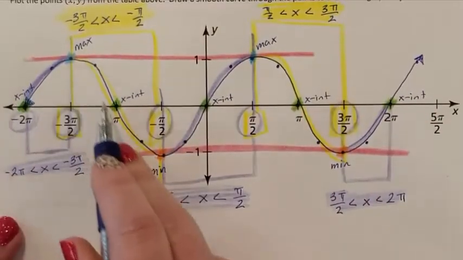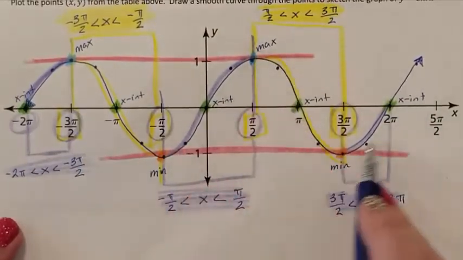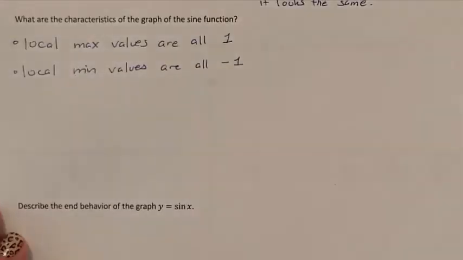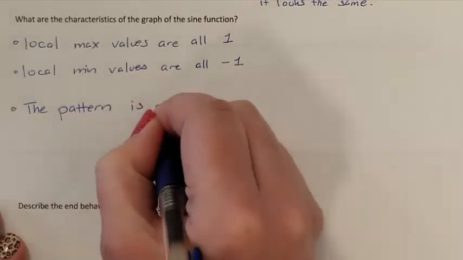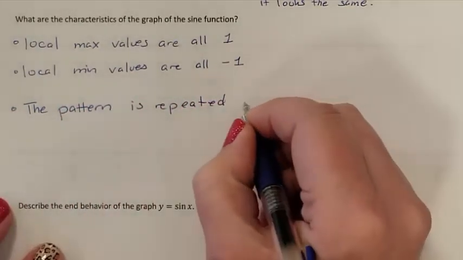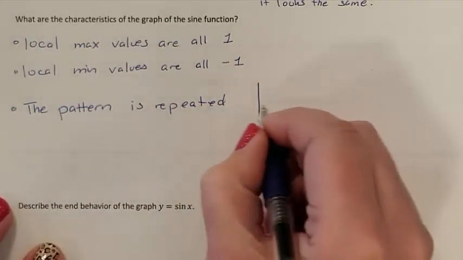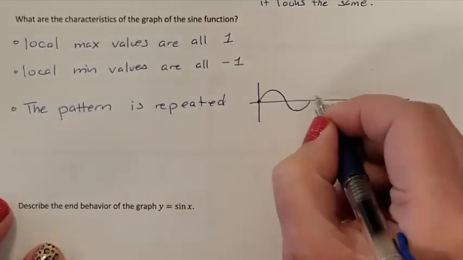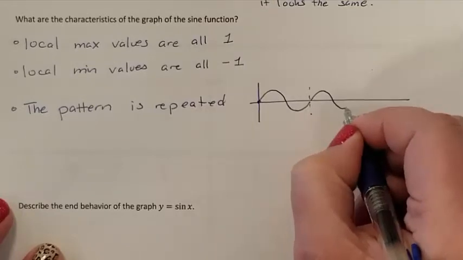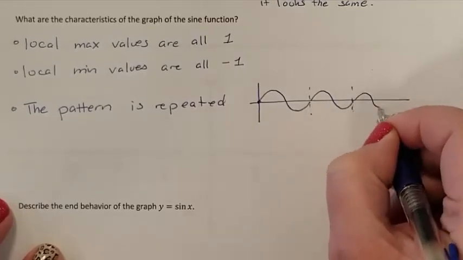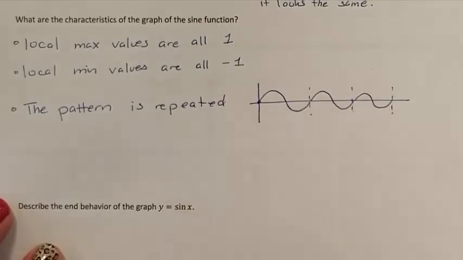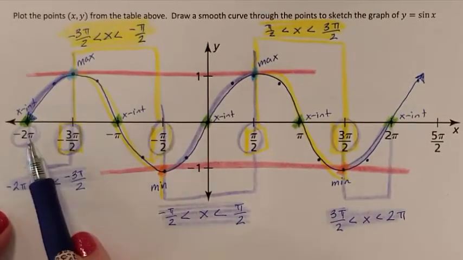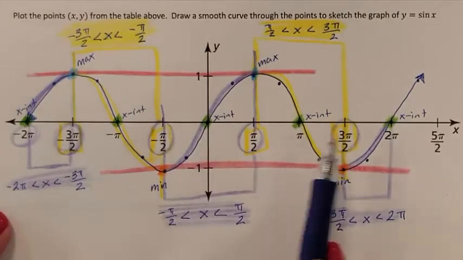It goes up and then down, and then another up and then down. It looks as though it's being repeated, and it is. It's a repeat. And the pattern that is repeated starts right here at your x-axis, and it goes up and then down, and then it starts again, up and then down, starts again. So that is our repeat. The last thing I want you to observe is the placements of your x-intercepts. They're always at whole pi values.